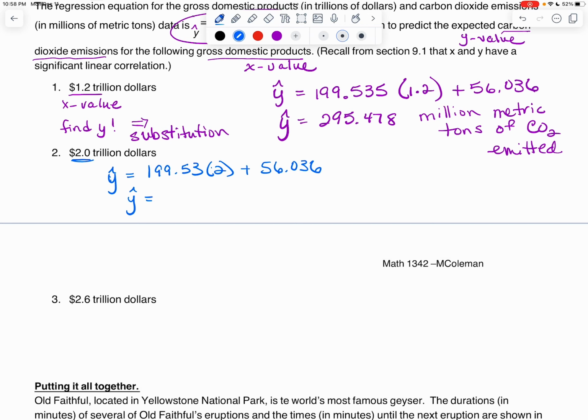Again, if I use my calculator very carefully, and you can verify this, you should get 455.106 million metric tons of CO2.